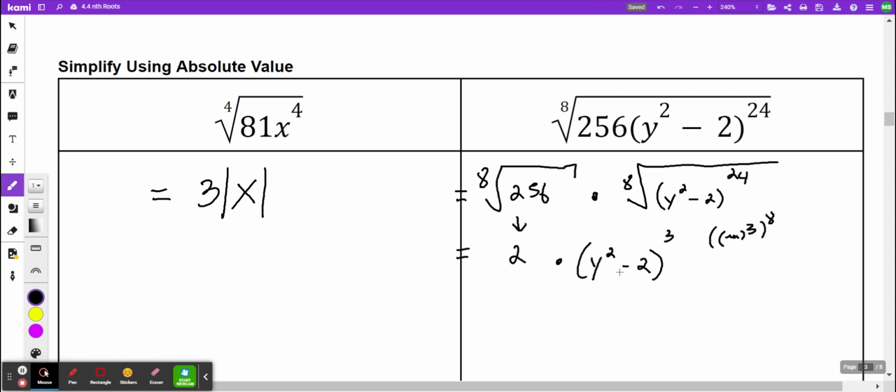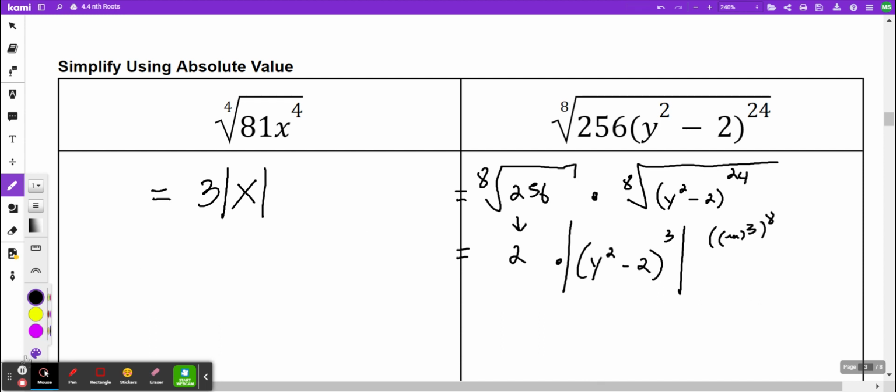We get 2 times y squared minus 2 to the 3rd power. But wait, this could give us a negative answer. If it was negative 2 times negative 2 times negative 2, it would be a negative answer. So we're going to want to put absolute value right here. Since this could be negative, we have to ensure the principal root is non-negative.